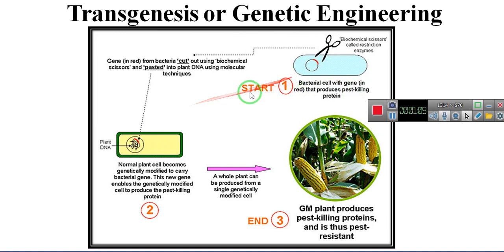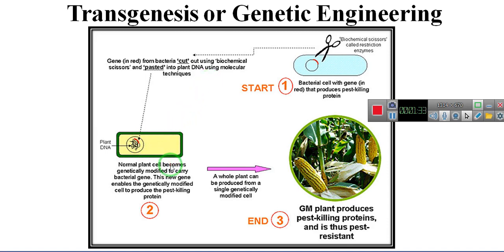It has been transferred, as you see here in step number 2, to a typical normal plant cell. And by this moment, that plant cell, which has initially its own chromosomes, has right now acquired an additional fragment that doesn't belong to this plant cell because it originates from a different species.